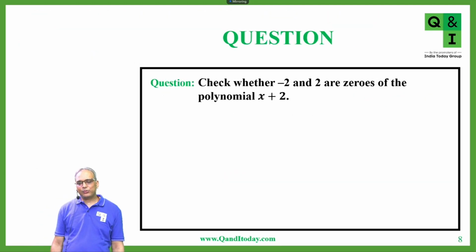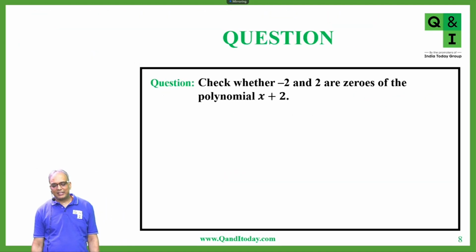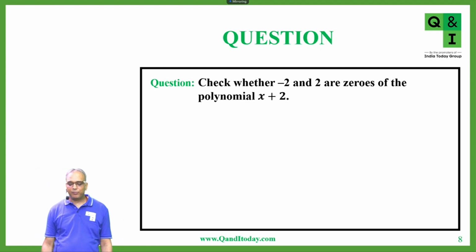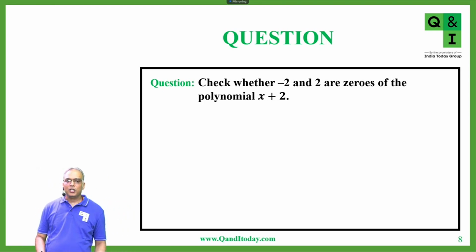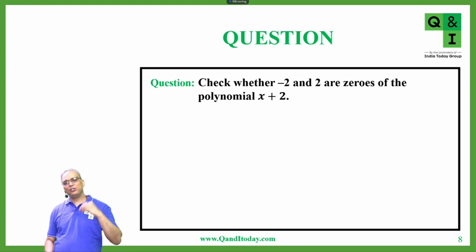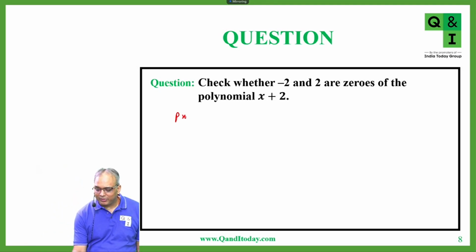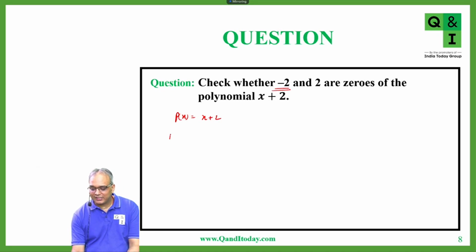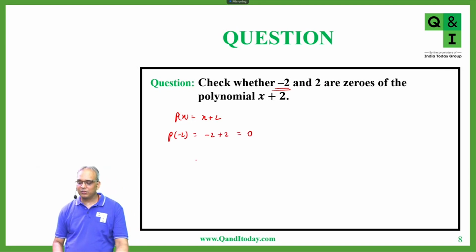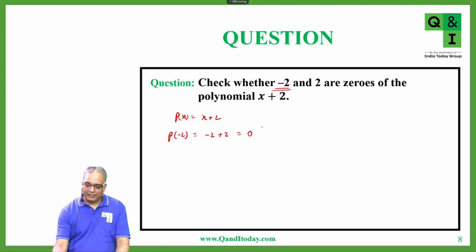Now, in this question, students, we have to check whether -2 and 2 are zeros of the polynomial x plus 2 or not. To check that, we replace the value of x by these values and see whether the answer is coming to be 0 or not. So the polynomial is given as p(x) is equal to x plus 2. Now we have to check -2 if it is a 0. p of -2 is -2 plus 2, which is equal to 0, right?